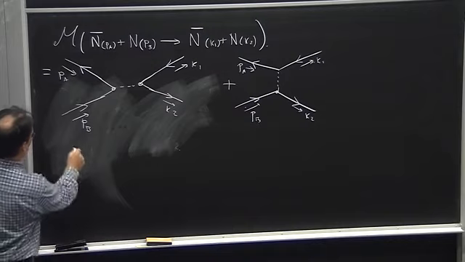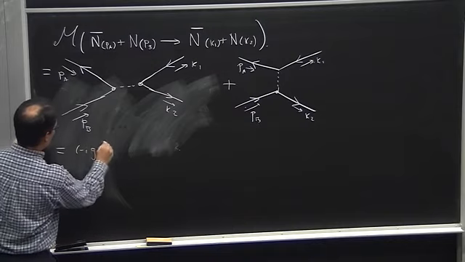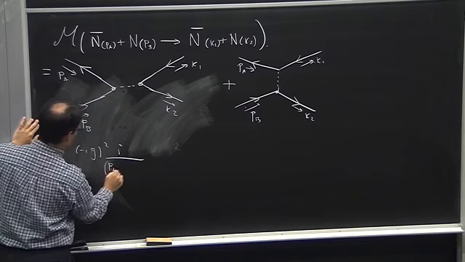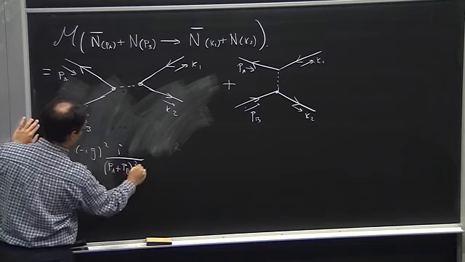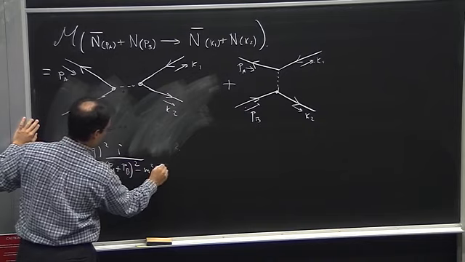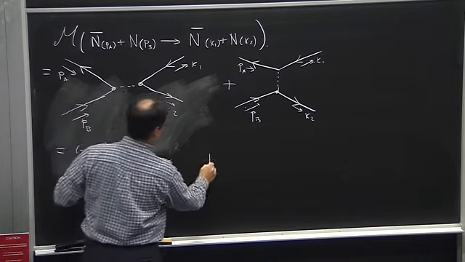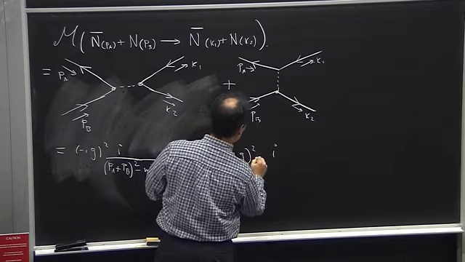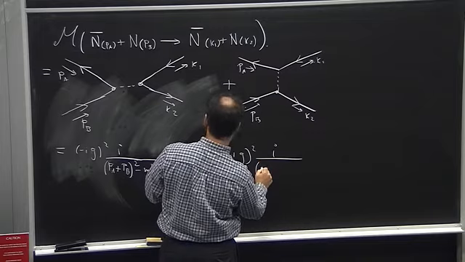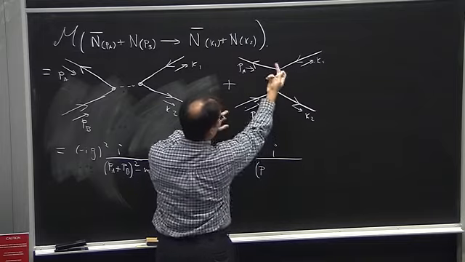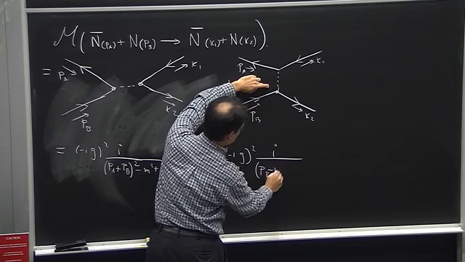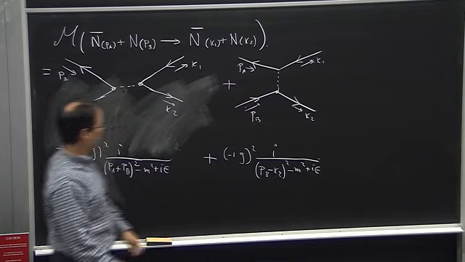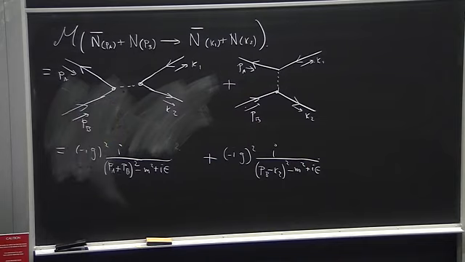And now we compute. We compute minus iG squared i over this momentum. So we get PA plus PB squared minus M squared plus i epsilon. Okay? Plus minus iG squared i over the momentum flowing here, which would be PB minus K2 squared minus M squared plus i epsilon. Okay? Very good.